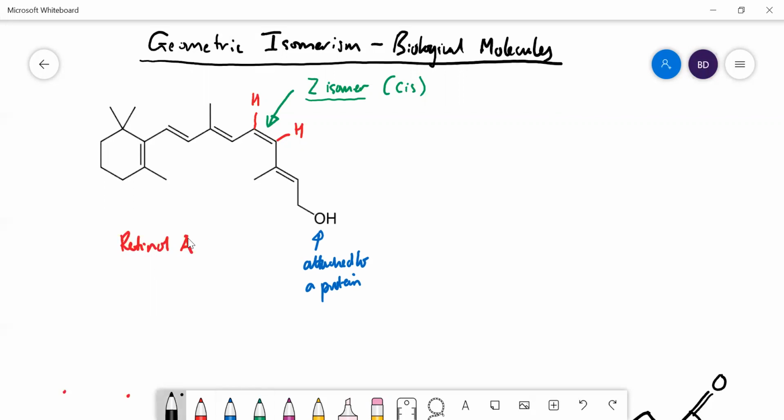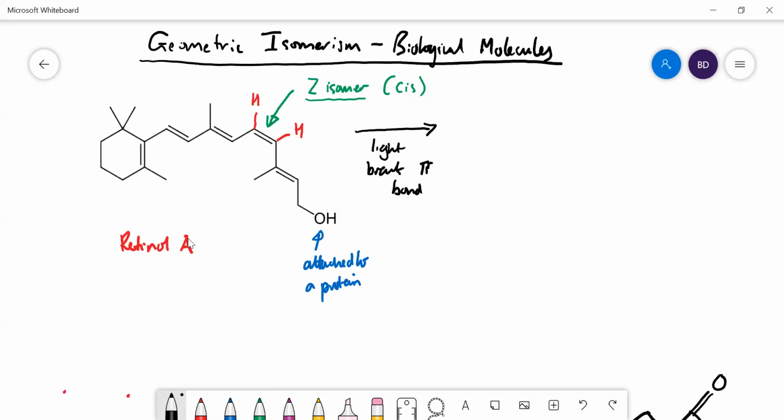What happens is if light falls on your retina, it will break the pi bond. You need energy to break a pi bond, and it's coming from the light.